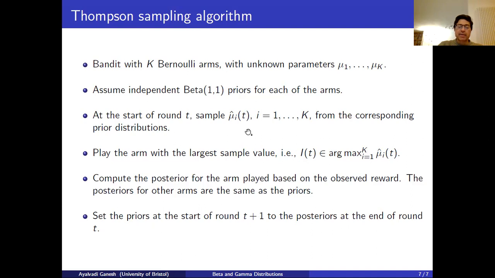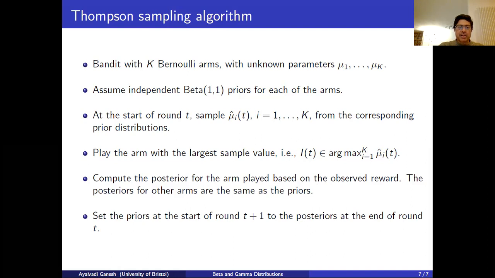That's the algorithm that tells you how to play this multi-arm bandit problem in perpetuity. There's no endpoint for the multi-arm bandit problems we are looking at. We play them until time infinity, and this fully specifies how it should be played. This is the Thompson sampling algorithm.